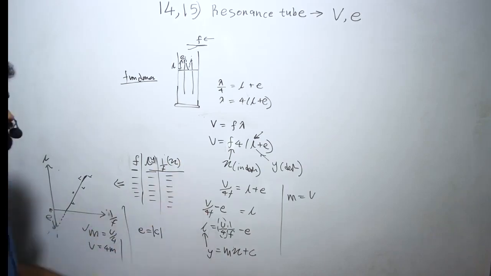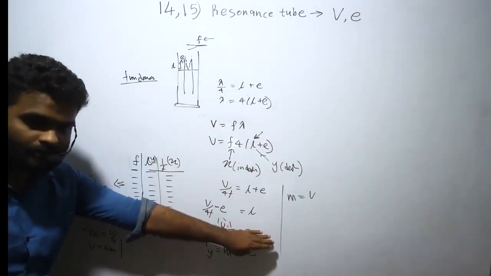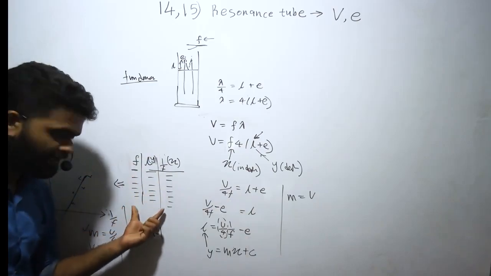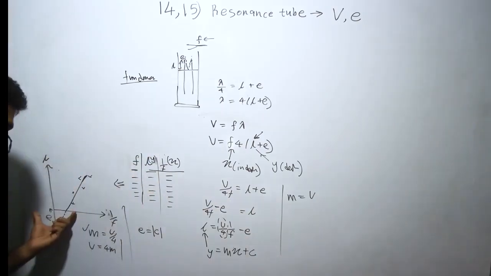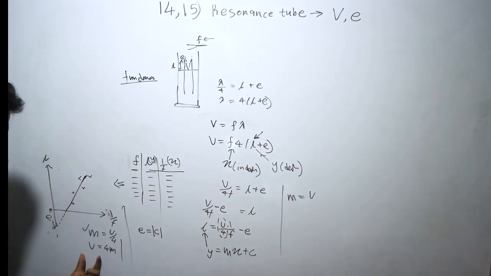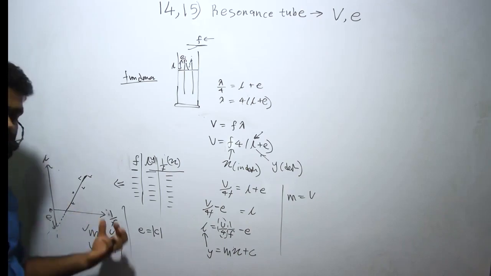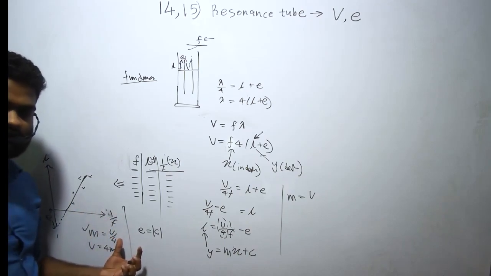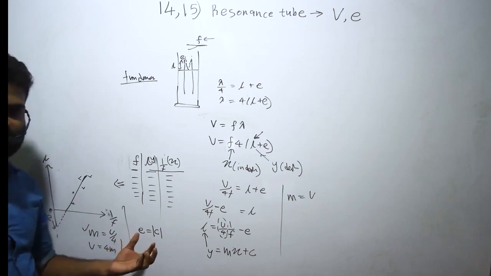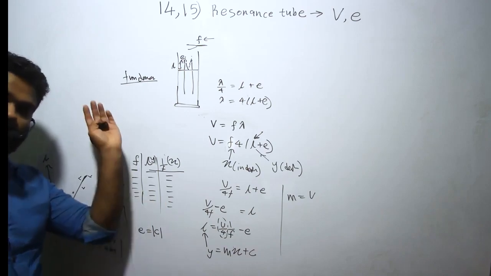Okay. First take this down, then take a table. From the table you draw the graph. From the graph you calculate V and the end correction. So this is a more accurate method, right? Because the random error is less now compared to the previous method.